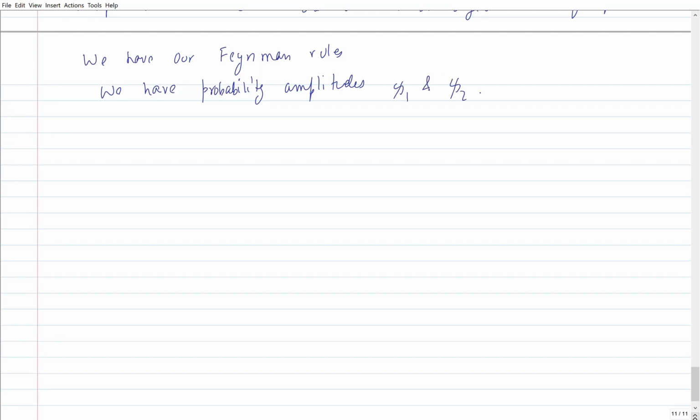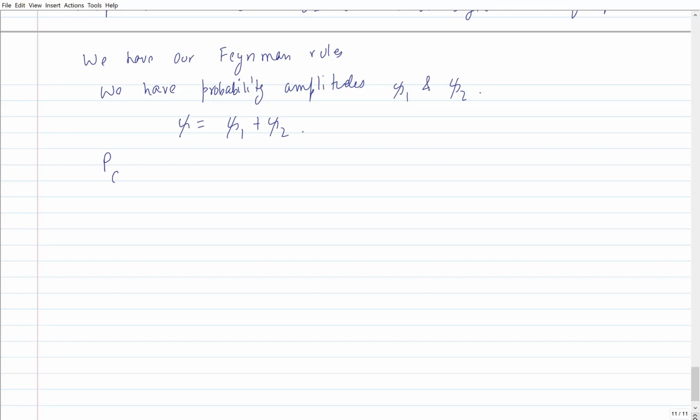For that we have our Feynman rules. We have probability amplitudes, psi1 and psi2. We add up the probability amplitudes, not the probabilities.